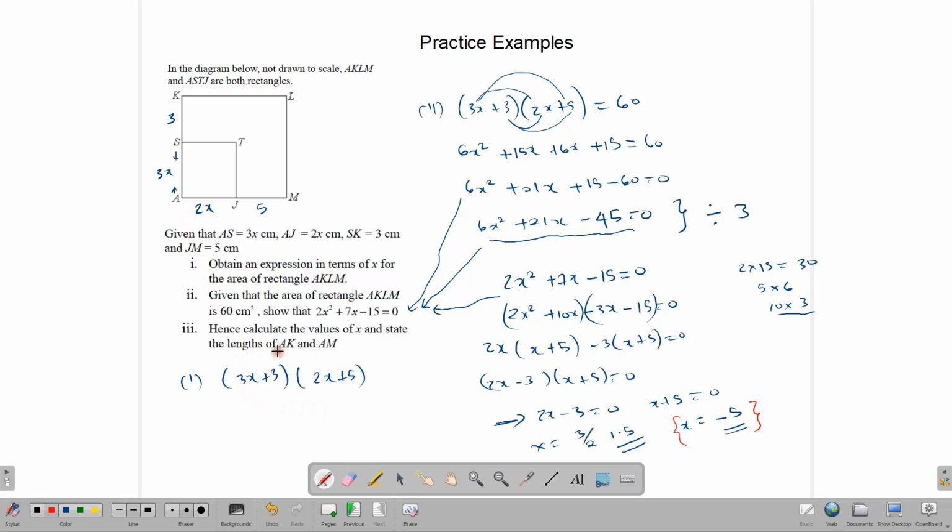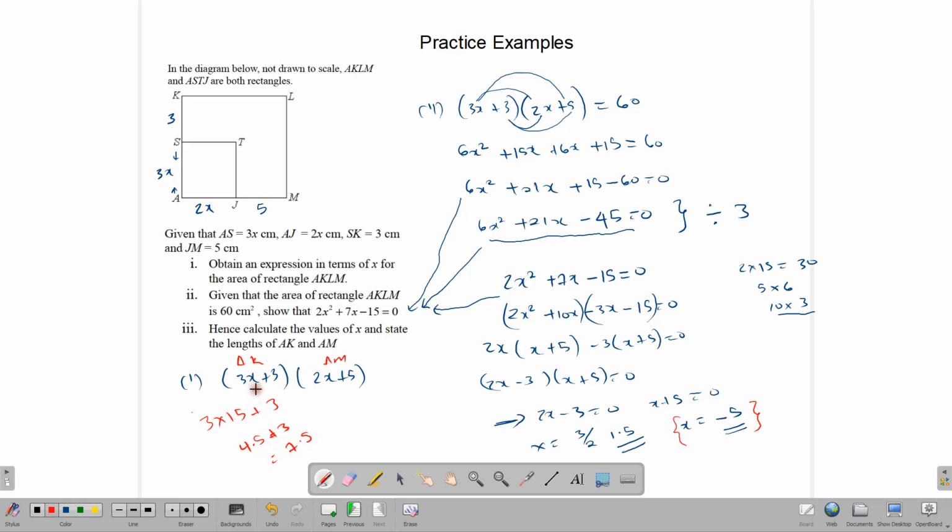Looking at our AK, this is AK, and this is AM. Now, AK is equal to 3x plus 3, which is equal to 3 times 1.5 plus 3, and 3 times 1.5 is equal to 4.5 plus 3, which is equal to 7.5.